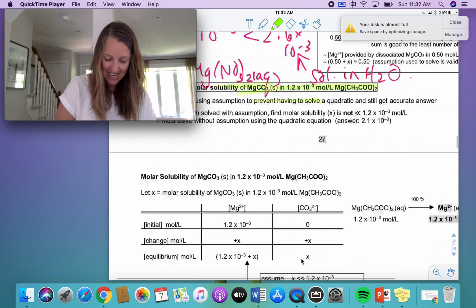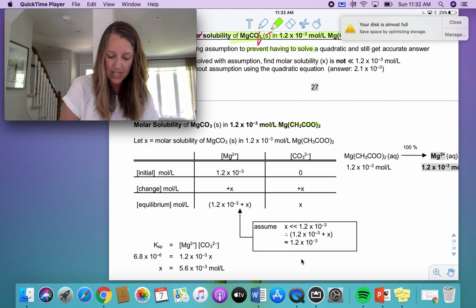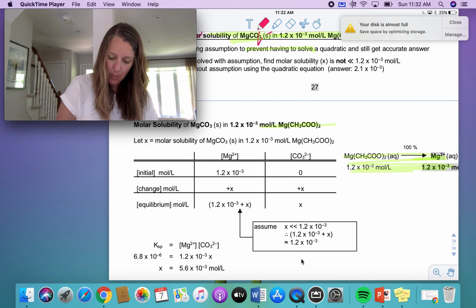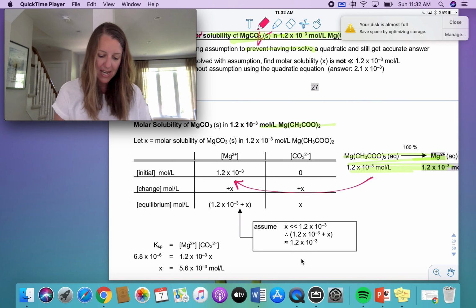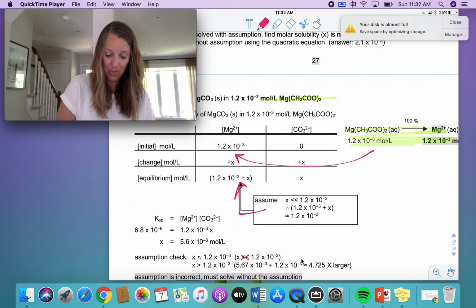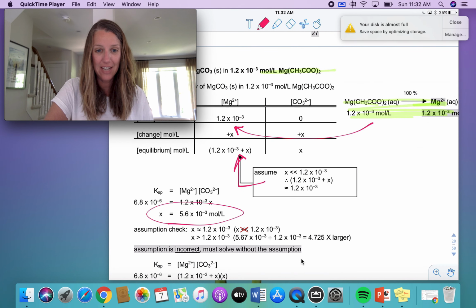If that's the case, okay, here we go. You see the math here? We assumed that magnesium carbonate, there's our value that we popped in here for my initial magnesium ions. We made the assumption right here that it was going to be a lot less than 1.2 times 10 to the negative 3, and we solved it and got 5.6 times 10 to the negative 3.